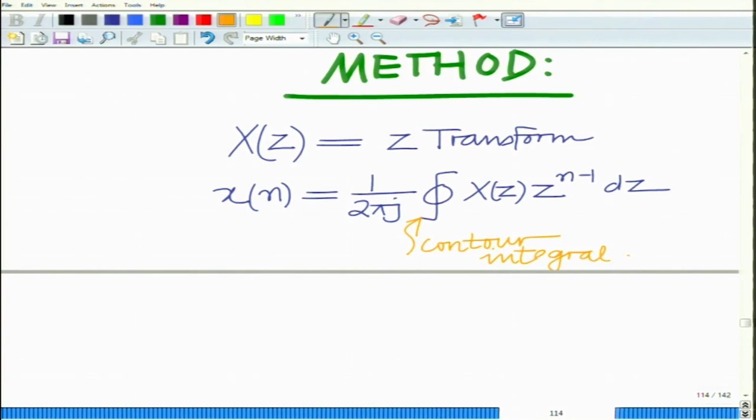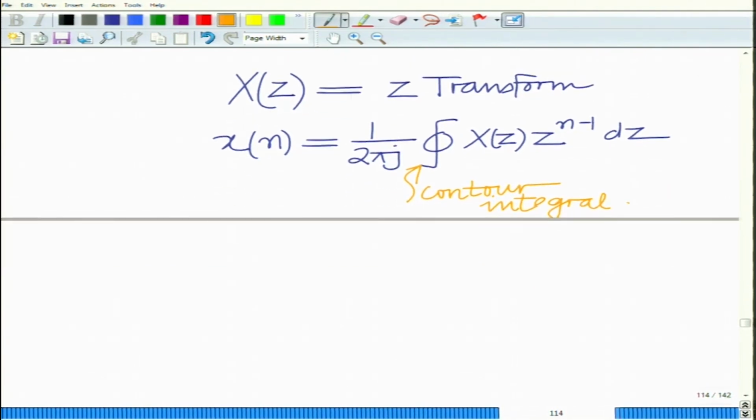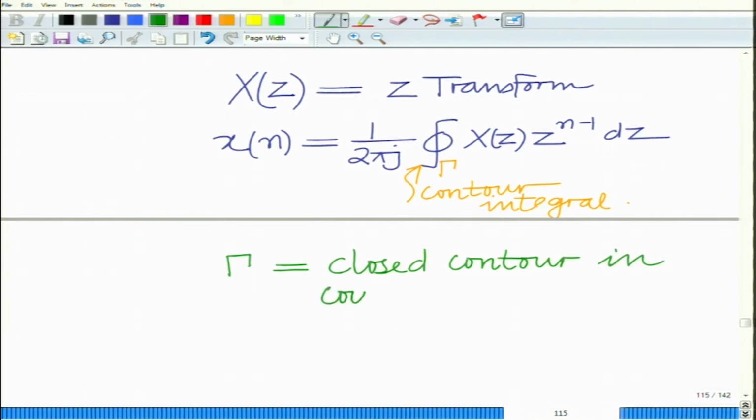And this is evaluated over this contour gamma, and this gamma is basically a closed contour in the counterclockwise sense, enclosing all the poles, and this is important.